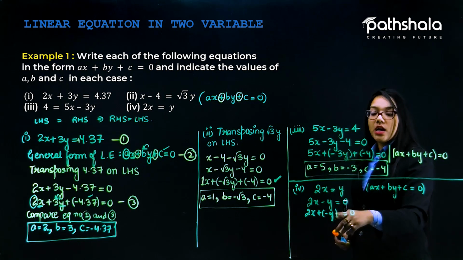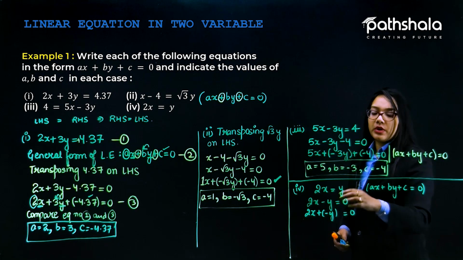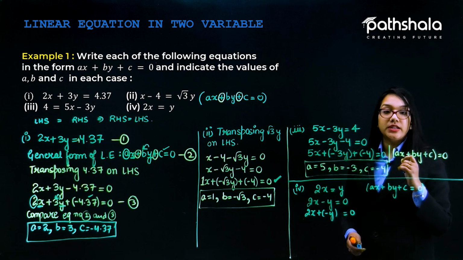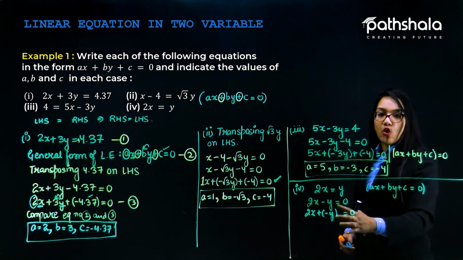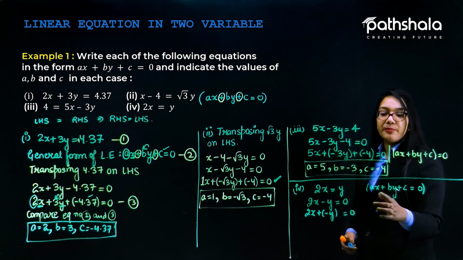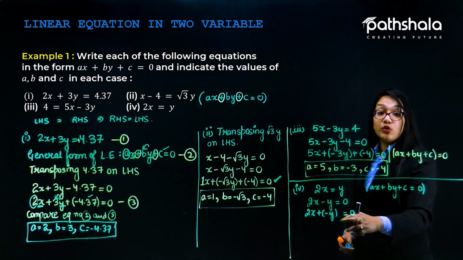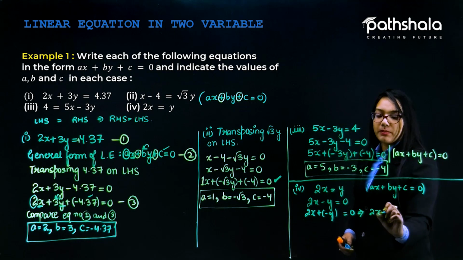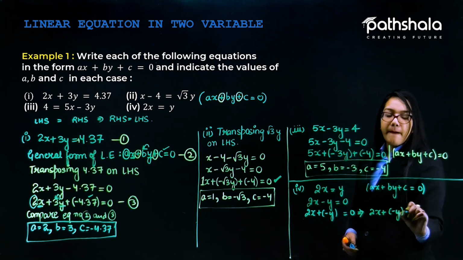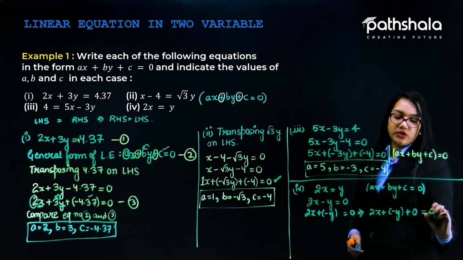We can note that there is an unavailability of the constant c. As you can see over here, there is no constant. So it means that we can express it into the form of constant as 2x plus minus y plus 0 is equal to 0.